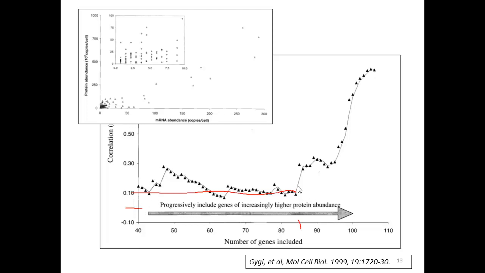So for 85% of the proteins or genes included in the cell, there's essentially no correlation between the RNA levels and the protein levels. It's only when you start calculating at this very high end of abundances that correlation coefficients can get quite high. And although the number's blocked off, this is about 0.7 or 0.8. And that's what you see reported in the literature.